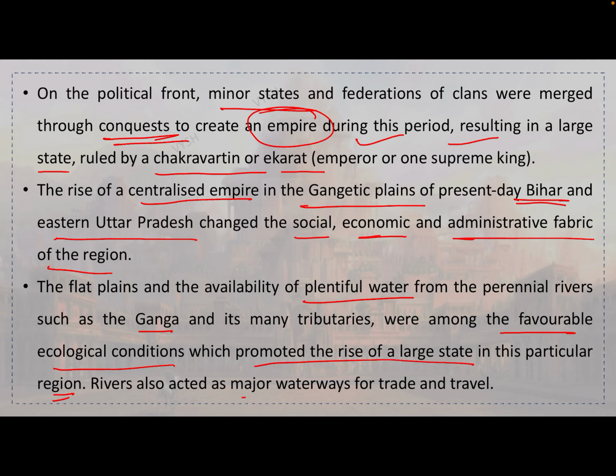Rivers also acted as major waterways for trade and travel. Even in the last class, I told you specifically about the importance of water. Wherever the rivers are, mostly the settlements will be nearby because of the availability of water as well as the fertility of the land. The land will be very fertile for the sake of agriculture. As the economy grows, automatically the political scenario also improves.